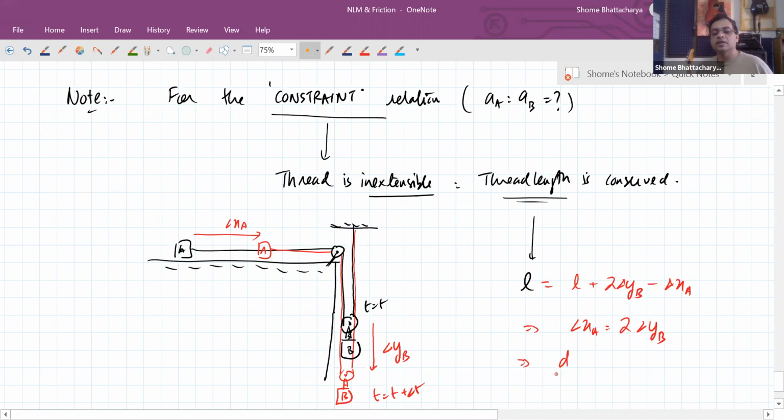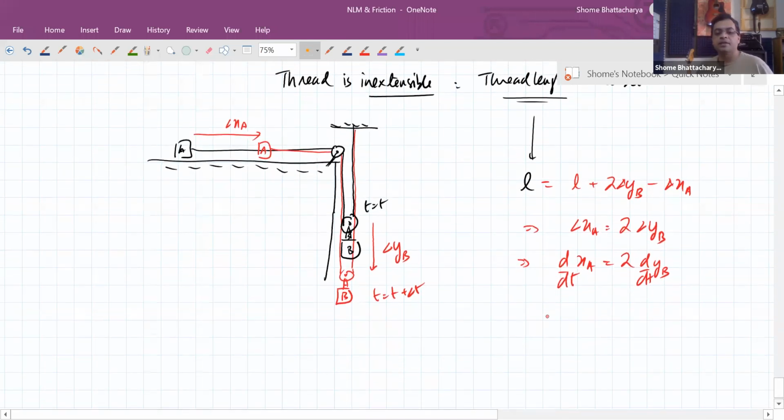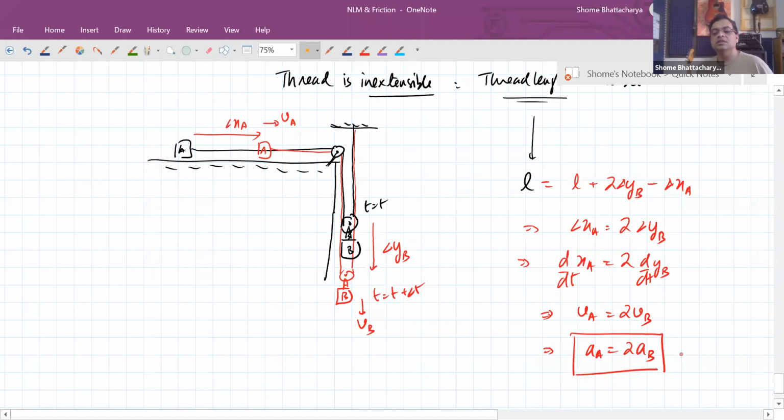This means the rate of change of A's x coordinate must be twice in magnitude the rate of change of B's y coordinate. At any instant, if A has a velocity V_A and B has a velocity V_B, the magnitude of A's velocity is twice the magnitude of B's velocity. Differentiate this one more time, and the acceleration of A is 2 times the acceleration of B. So this is the constraint relation that we are looking for.